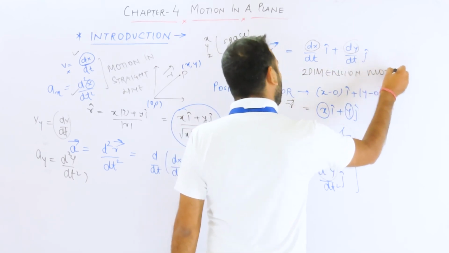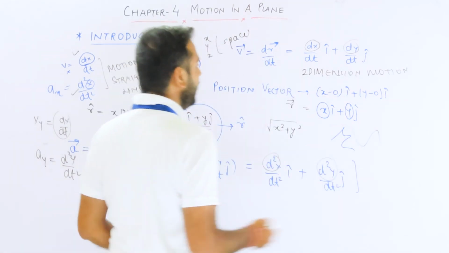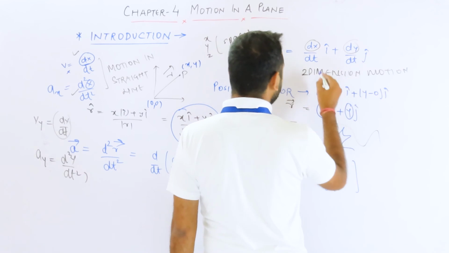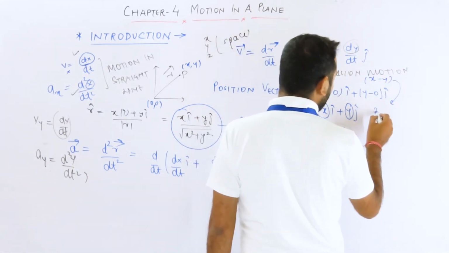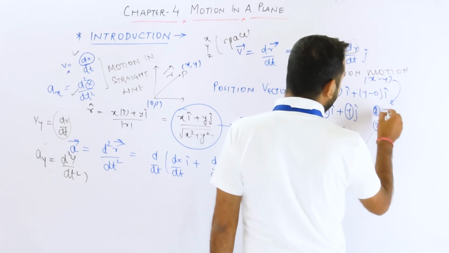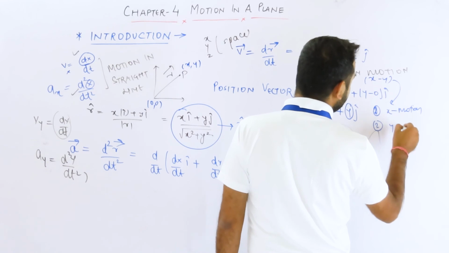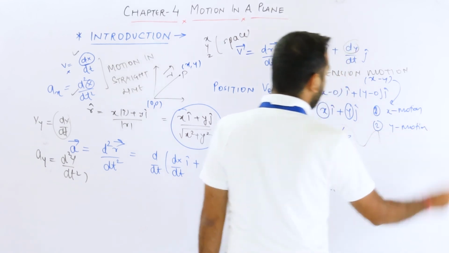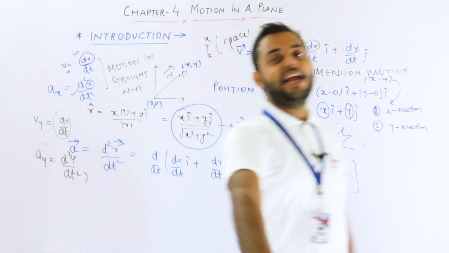And I can always break this two-dimension motion into an xy motion, into two parts: x motion in a straight line and y motion in a straight line. So two-dimension motion is always a combination of two straight line motions.